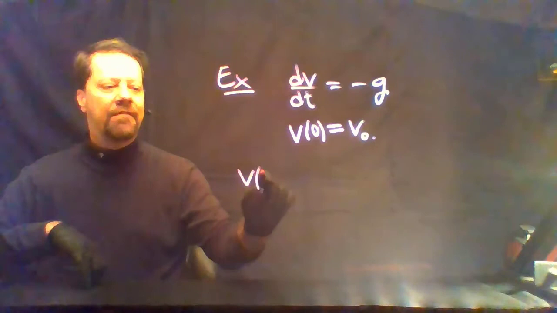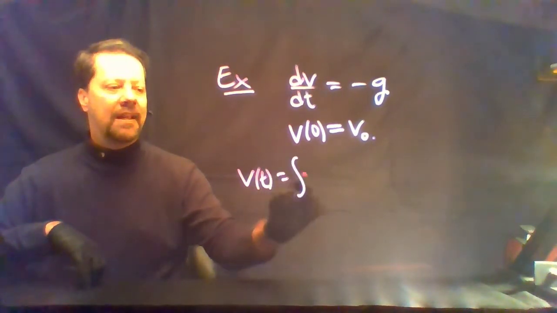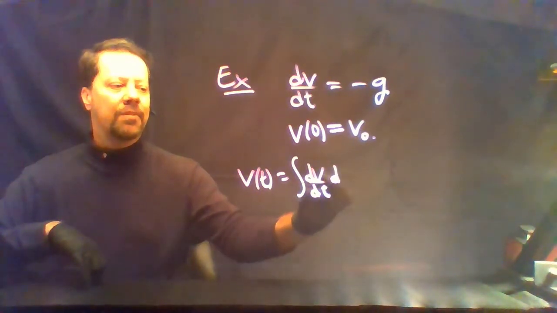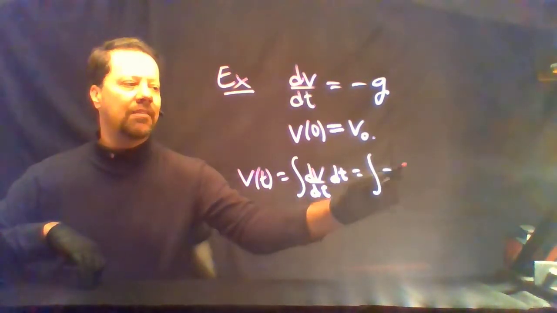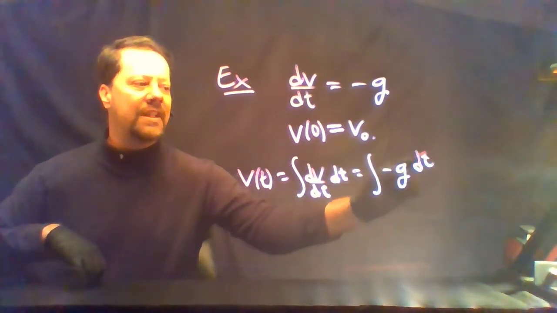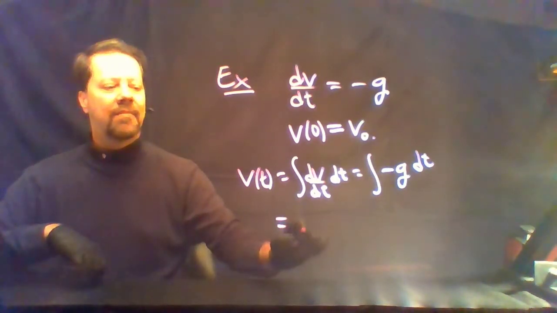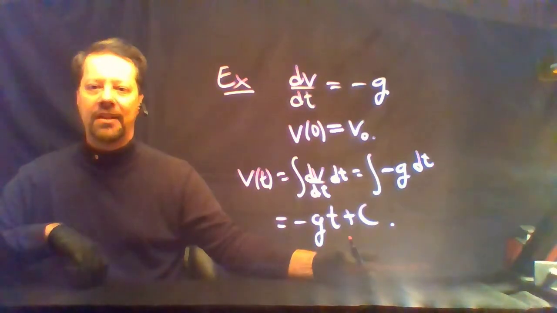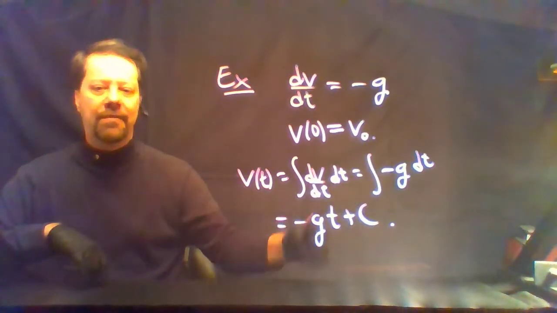Our function v should be the integral of dv dt with respect to t. That's the integral of minus g, but g is constant. So we get minus gt plus a constant of integration according to our definition for the indefinite integral.